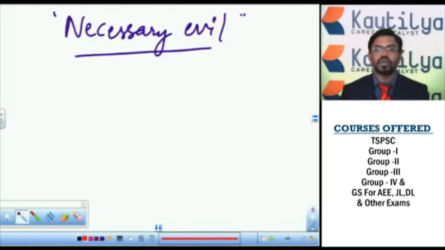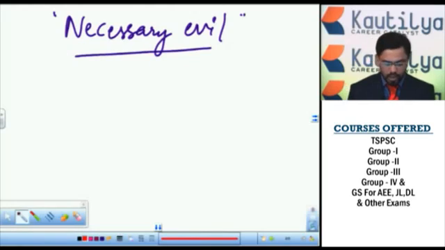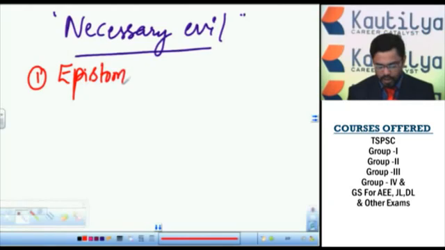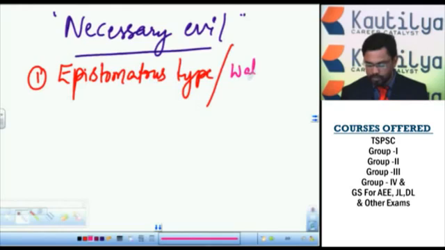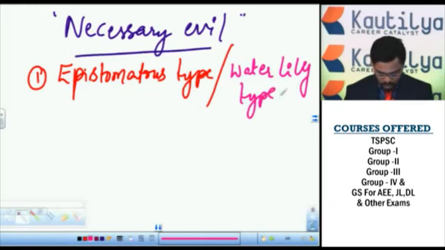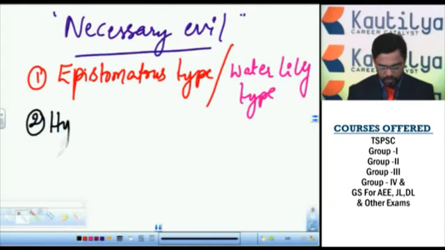Based on the position of the stomata, they may be of different types. They may be epistomatous type. This epistomatous type of stomata is also called water lily type, and hypostomatous type.